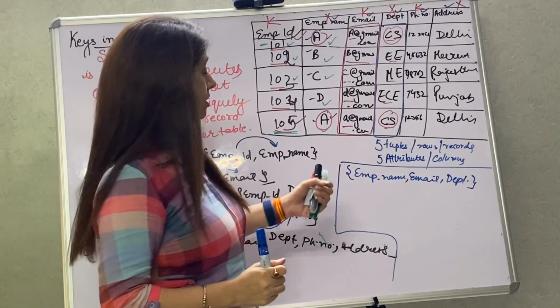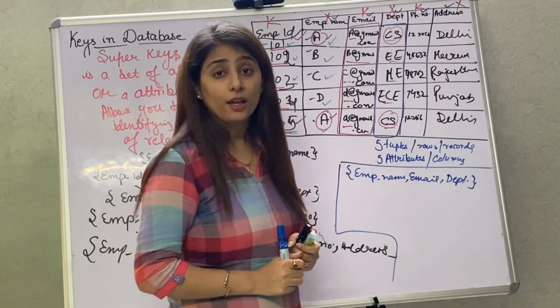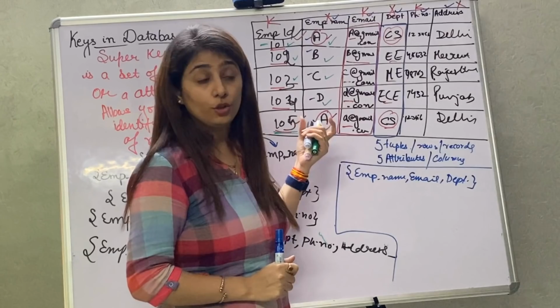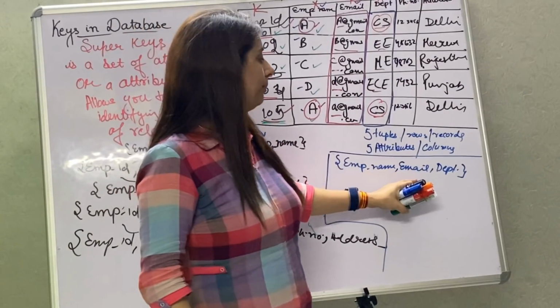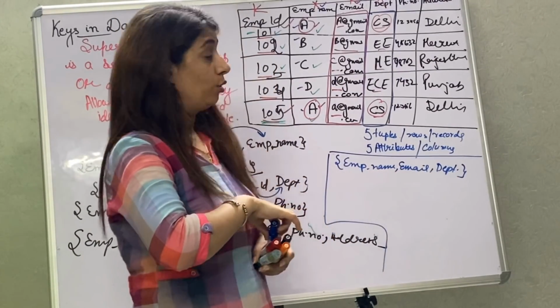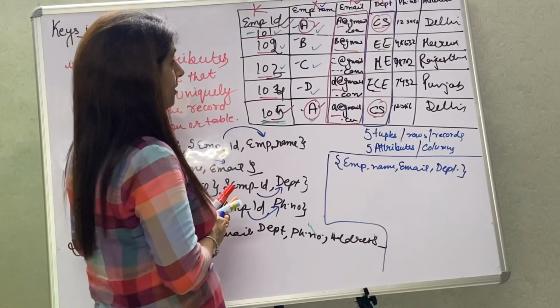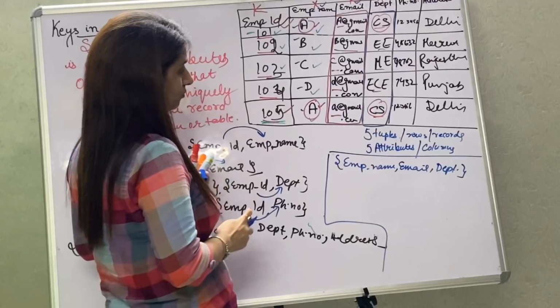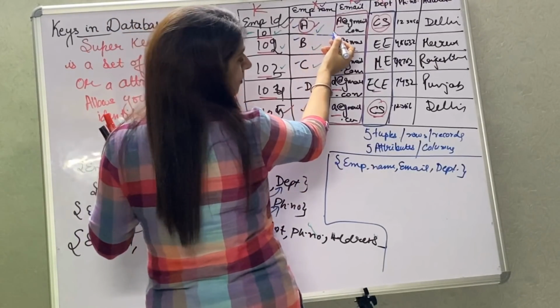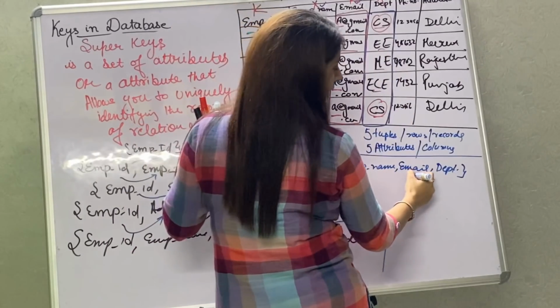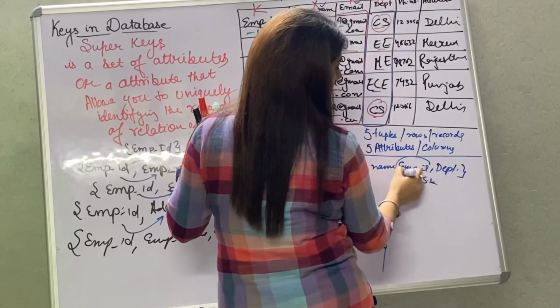Then of course this is also a super key, because your email can make your data unique. Employee name, email and department: yes, it is a super key, because email is making it different.